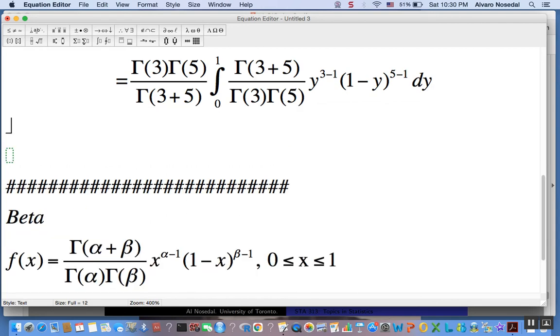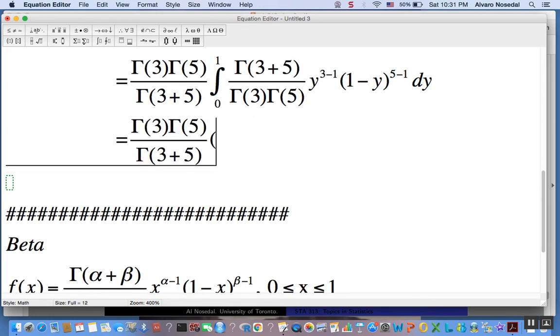But now note that what we have is a beta with parameters alpha equals 3, beta equals 5, right? So this nasty looking integral is just a 1 times this, times 1. Okay, and this is the same as the gamma function evaluated at 8.